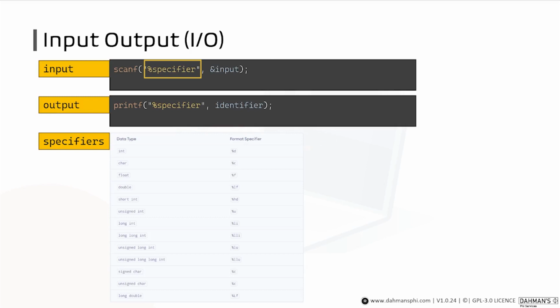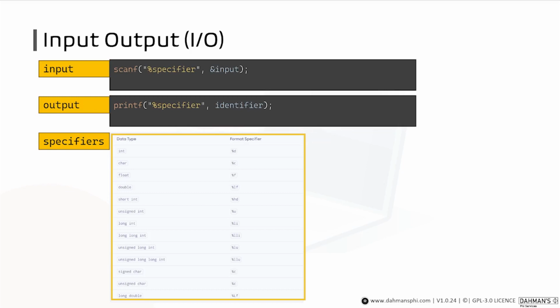You can see them down there on the screen, different types of format specifiers. So you choose one of those specifiers. That means you expect the user to enter a specific value within that type of specifier. So if I write %d, I expect the user to enter a digit. If %c, I expect them to enter a character, etc.